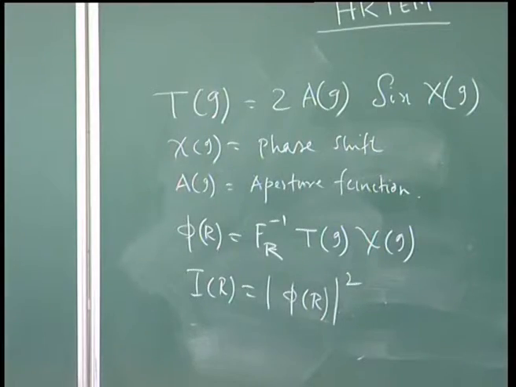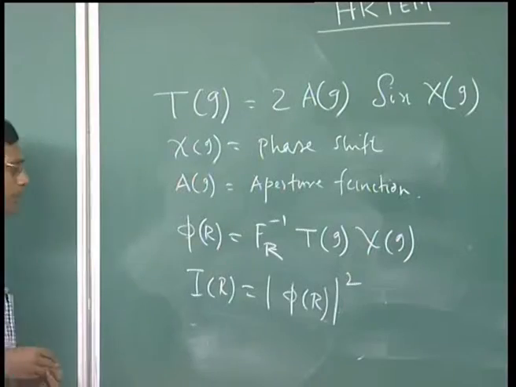We assume in this theory that the crystal is very, very thin, so there is no interaction between these diffracted beams inside the crystal. Once they come out, then they interfere to form the image. This is what is called the coherent approximation.